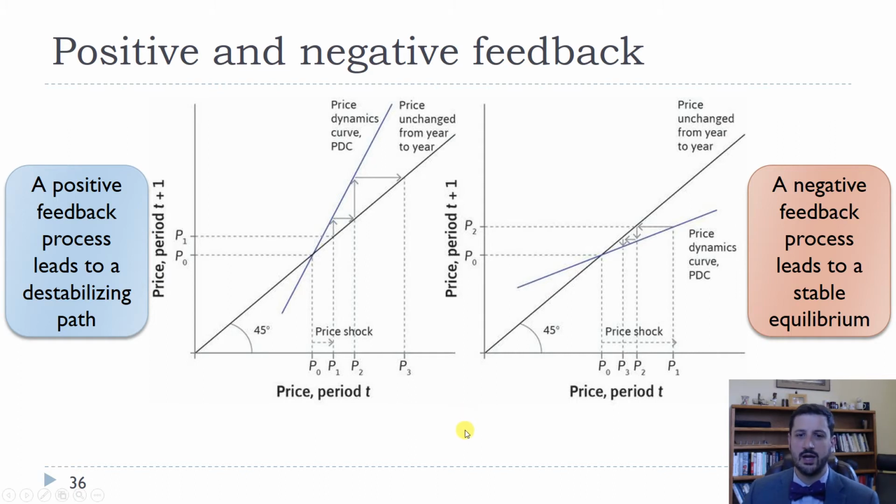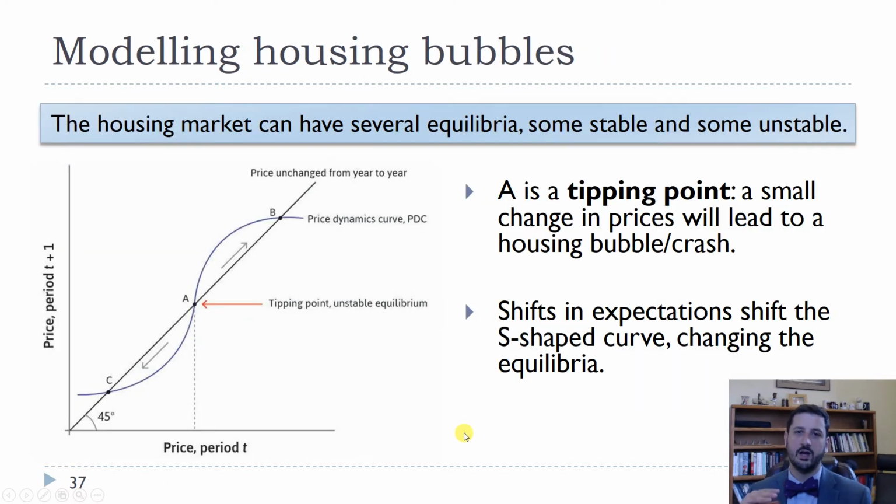So if we think about how to model this, we could think about this as kind of an S curve where, again, we have the price in period t on the horizontal axis and the price in period t plus 1 on the vertical axis.